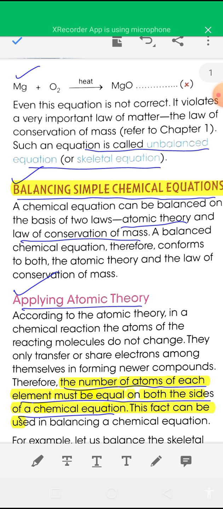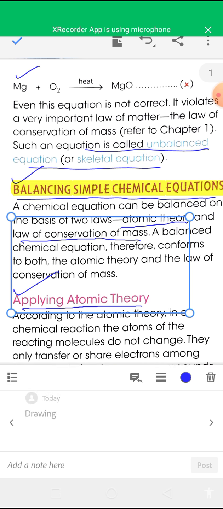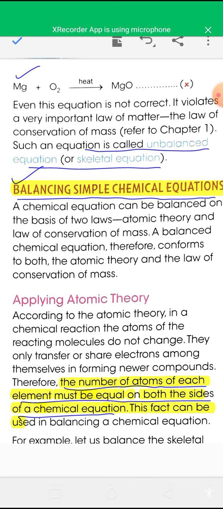It is an unbalanced equation, also known as a skeletal equation. An unbalanced chemical equation is not a proper representation of a chemical reaction, so you have to balance an unbalanced or skeletal equation.